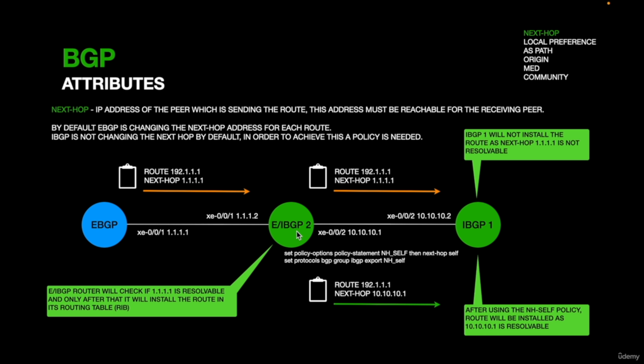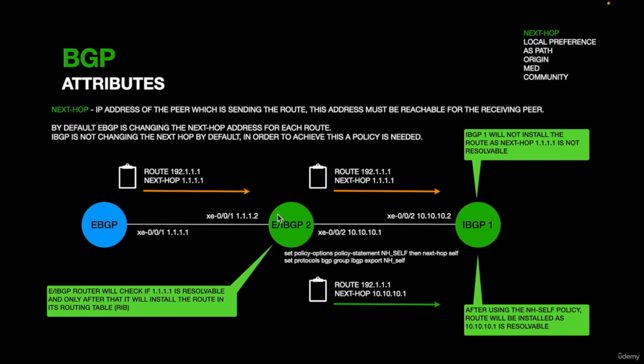And here we can have two cases. We should also know that by default eBGP is changing the next hop address for each route, and iBGP is not changing the next hop by default, and in order to achieve this you need a policy. So let's say that you didn't configure any policy for the next hop self.